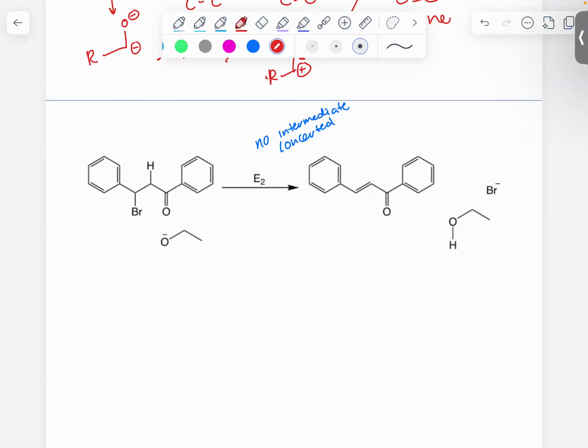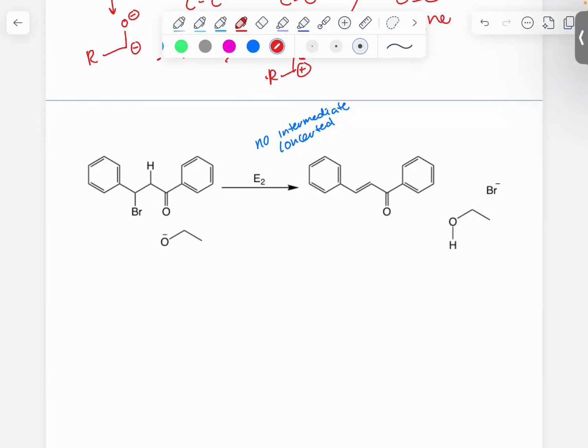That's what the two means. What about the hydrogen? How is it going to kick off? With our nucleophile.